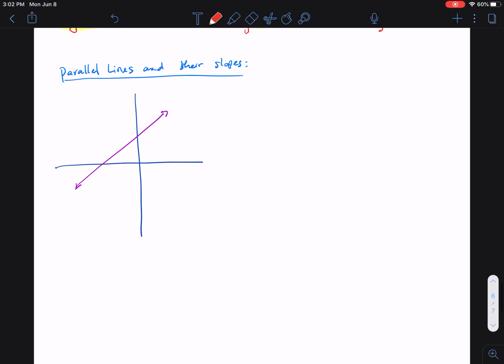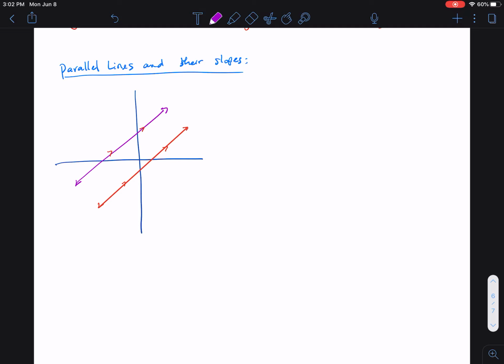So let's say I draw another line that's parallel, the best I can. So it looks like that. Notice that if these two lines are parallel, the steepness of these two lines is almost identical, meaning they have the same rise over run. So in this case we say that parallel lines have the same slopes.